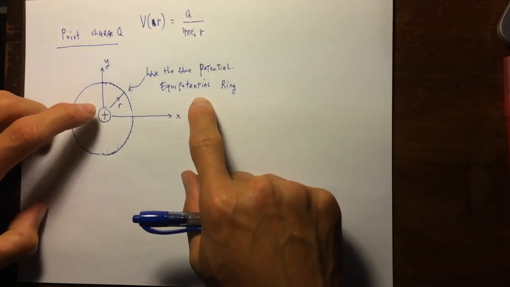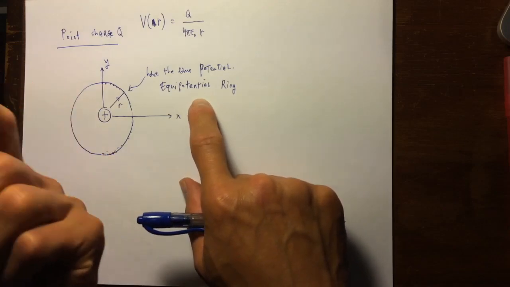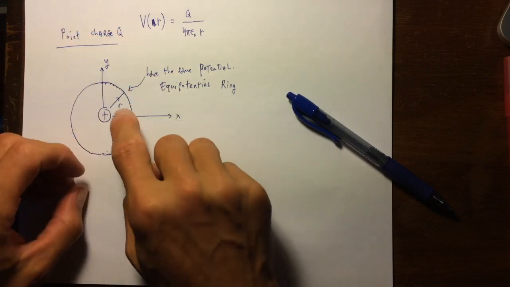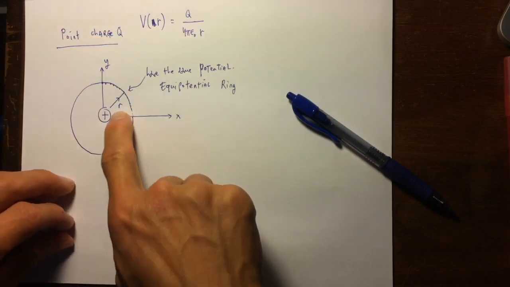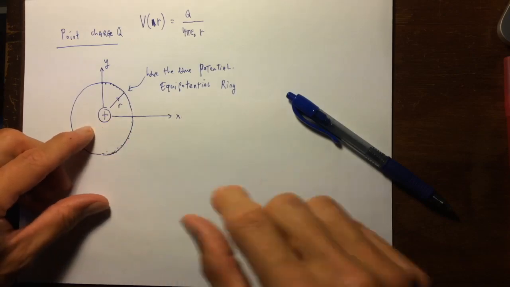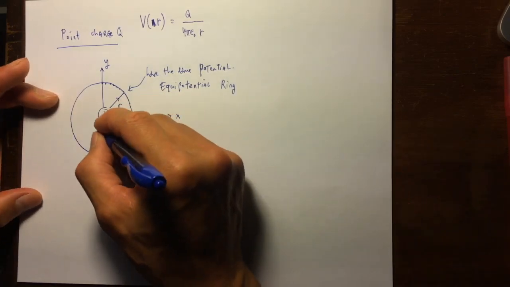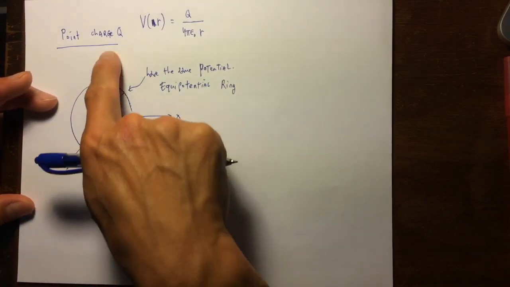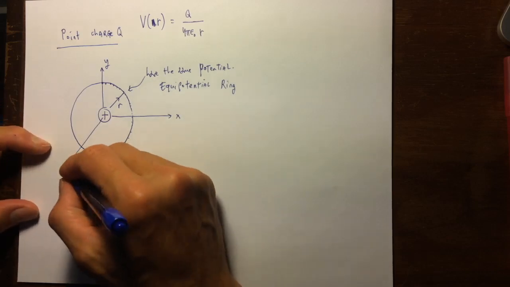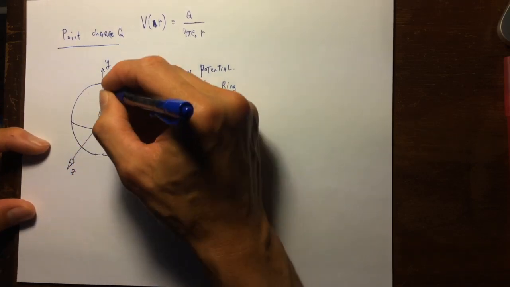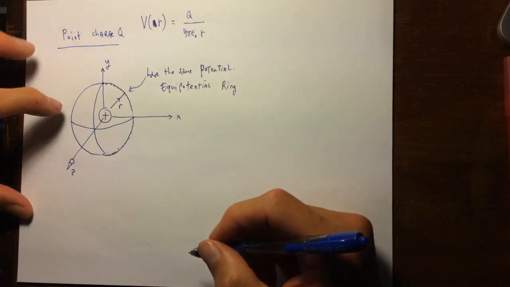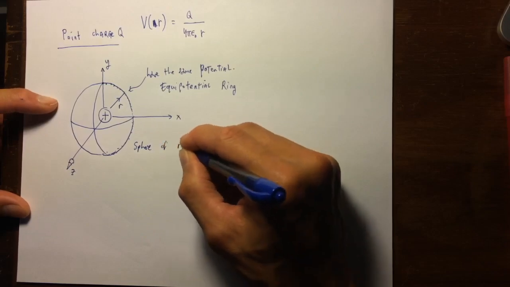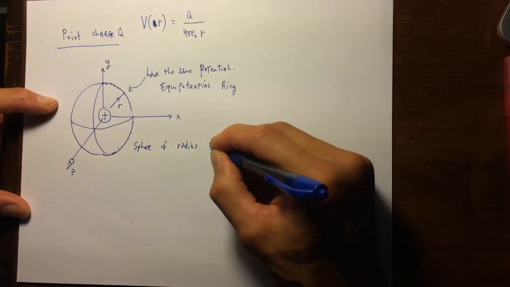The way we'll get the equipotential surface is if we also include the third direction and imagine all of the other ways that we can just stay a certain distance away from the charge. And so if I imagine putting the z direction, which is out of the page, if x is to the right and y is up, then the z direction is out of the page. And now I can talk about a sphere of radius r.